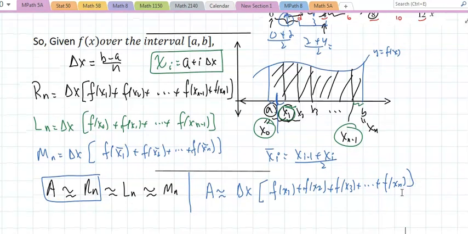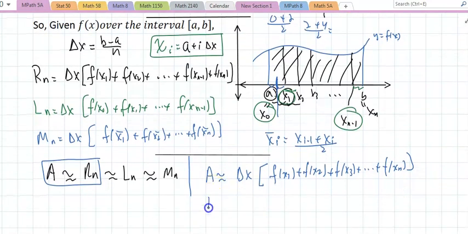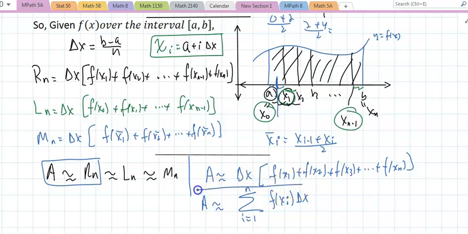And if I really think about that, I'll say that's the sum i equals 1 to n of f of x sub i delta x. And this is area roughly equal that.